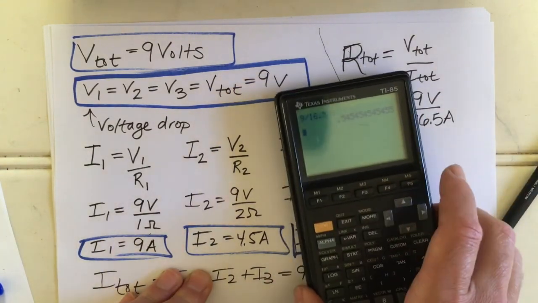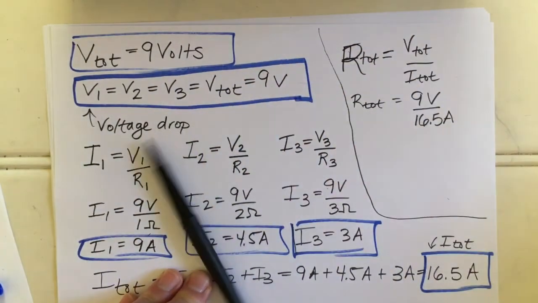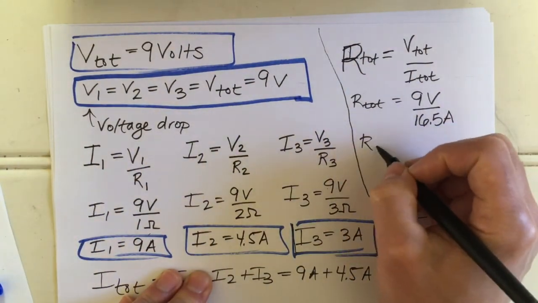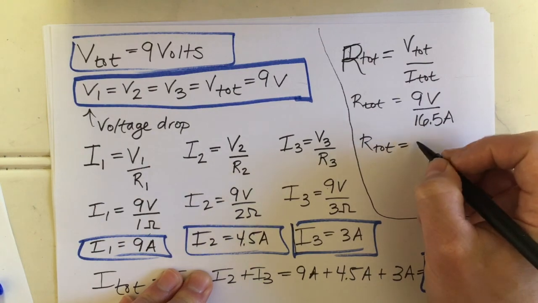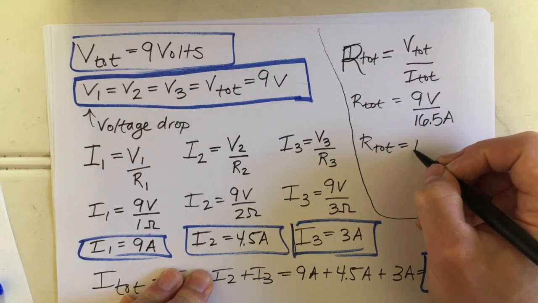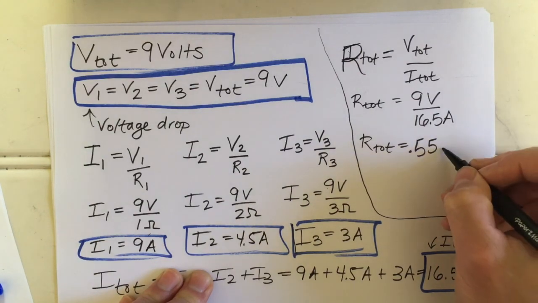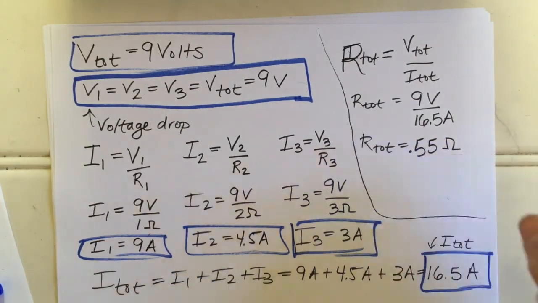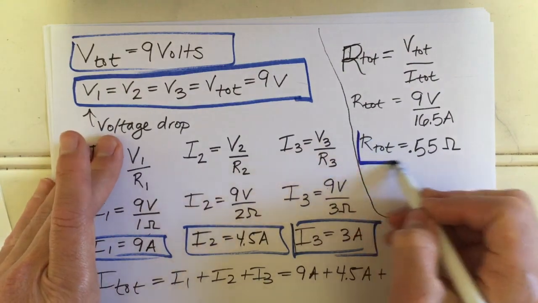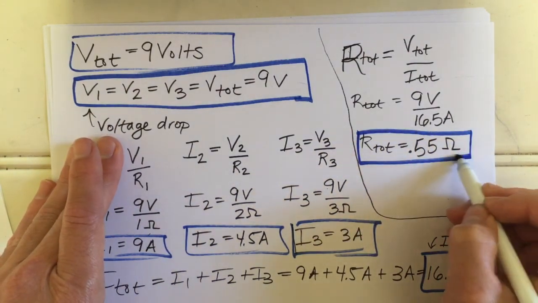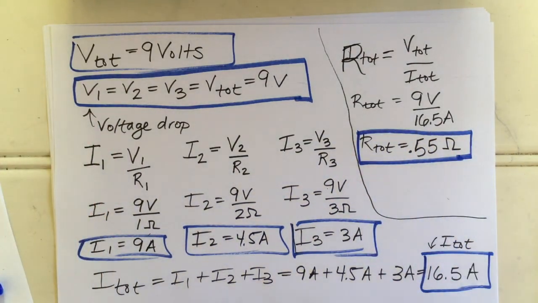So I'm going to go with 0.55. R total is equal to 0.55, and units here are going to be ohms. So everything is checking out, right? It's smaller than the smallest resistor, which we said is true.